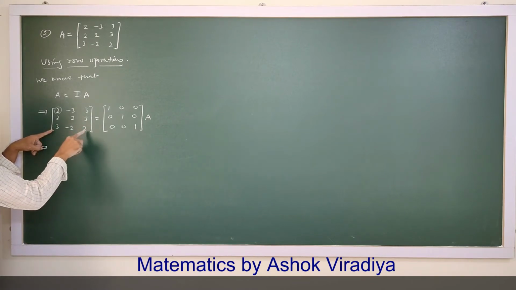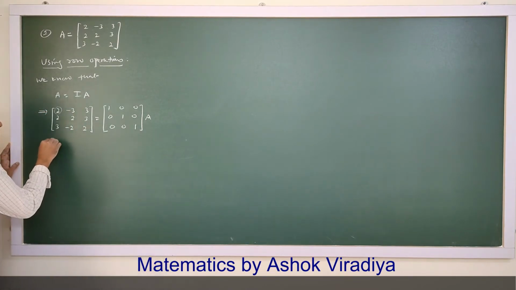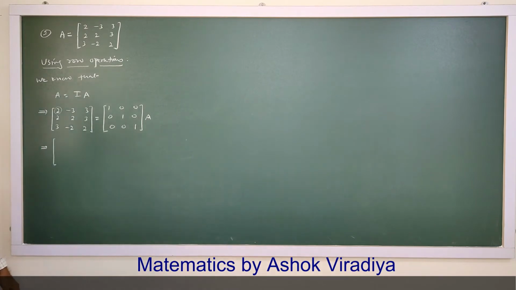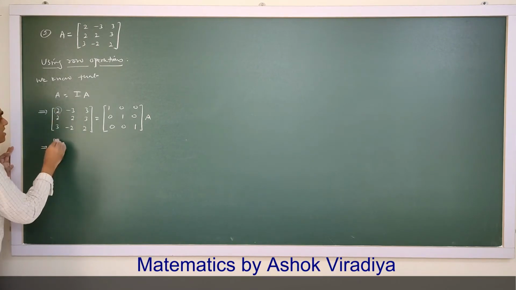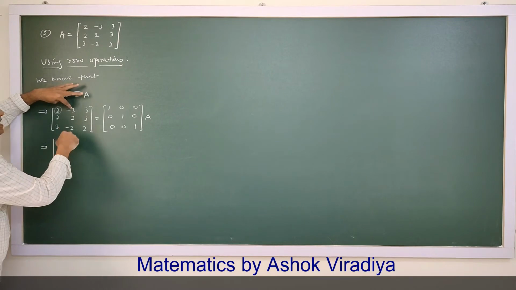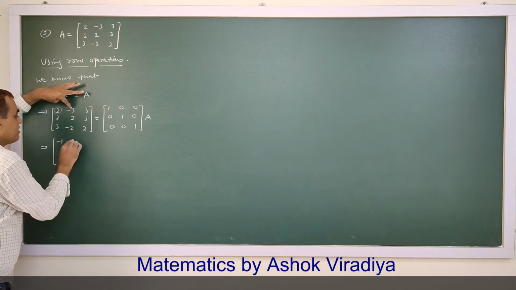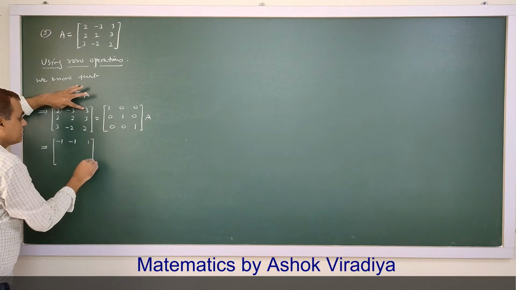third row, I subtract from the first row, because if you don't want to write fractions, this is bad. Third row subtract from first row. So 2 minus 3 is minus 1. Minus 3 minus 2, that is minus 1. 3 minus 2 is 1.